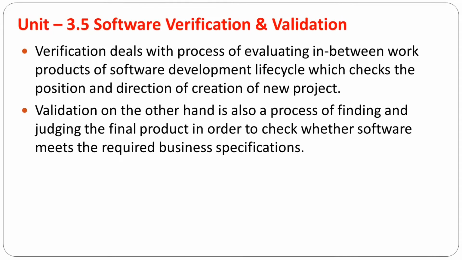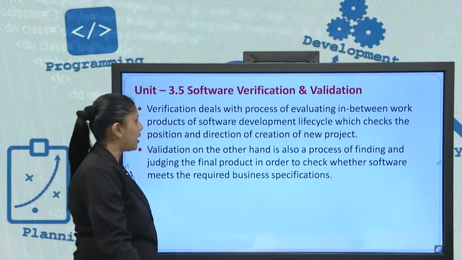Validation, on the other hand, is the process of finding and judging the final product in order to check whether the software meets the required business specification. Validation is checked against the specification of the customers, my customer demand. Whether we have validated all those customer demands or not comes under validation.